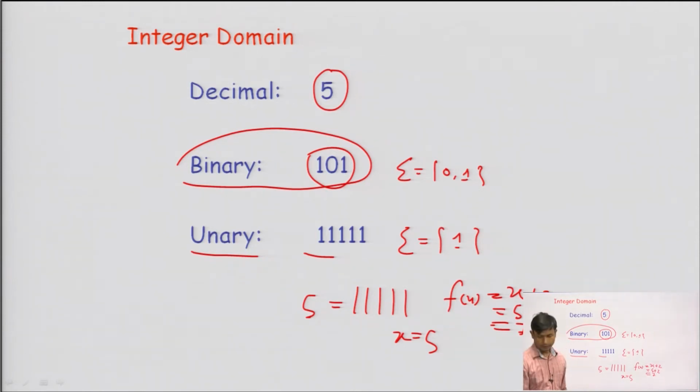Like that you have to do it in the Turing machine. Here we have taken decimal number 5. As per your requirement, sometimes you take binary input alphabet and sometimes unary input alphabet.